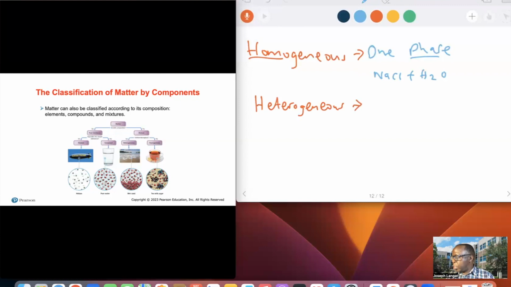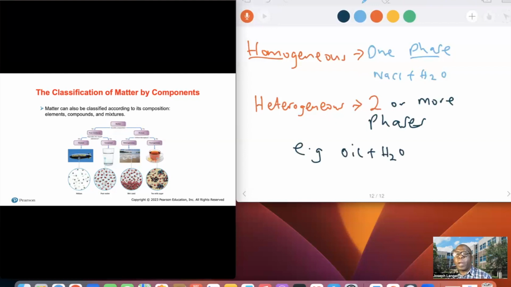Heterogeneous contains two or more phases. What I mean by phases are layers, e.g. oil plus H2O, or sand plus H2O. You should have a sense of what heterogeneous means.